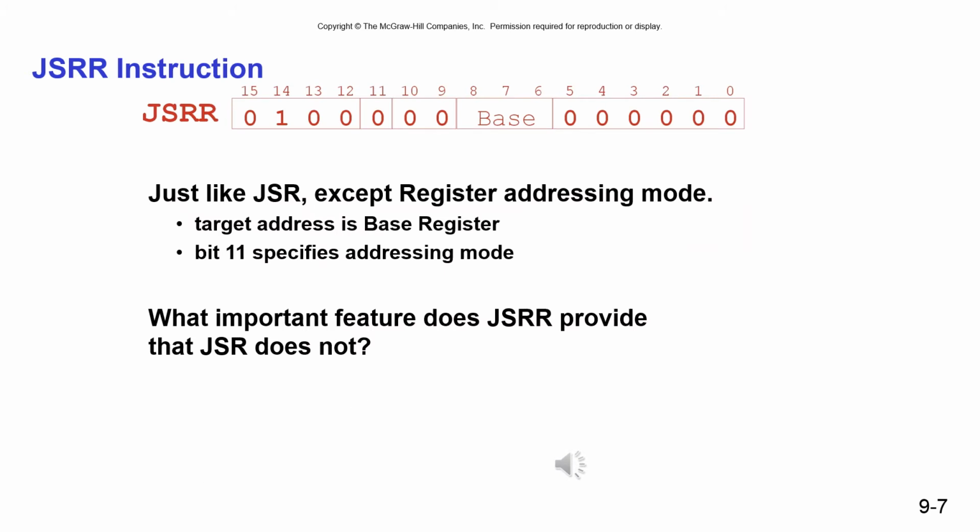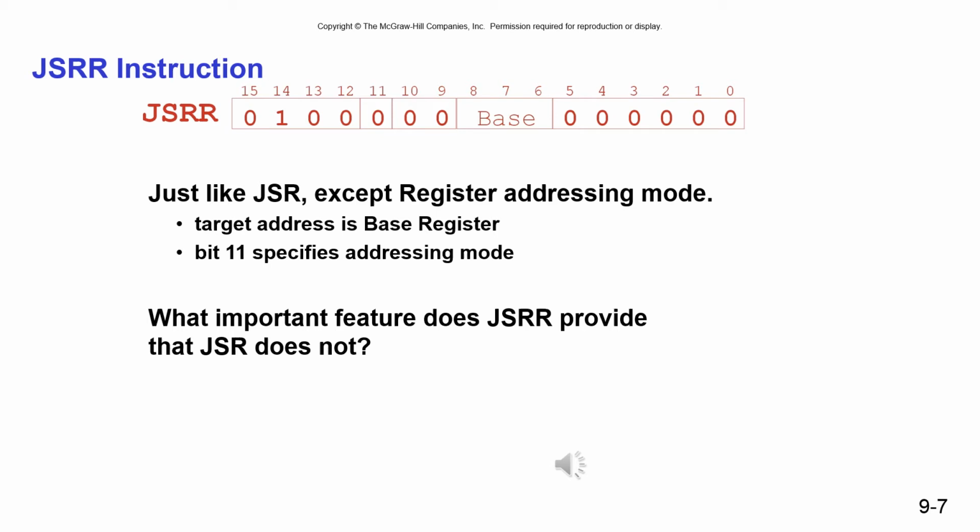JSRR uses the same opcode as JSR, except bit 11 is a 0 for JSRR and a 1 for JSR. And we have bits 6, 7, and 8 hold the address of a base register, which holds a full 16-bit address for the first instruction in your subroutine.